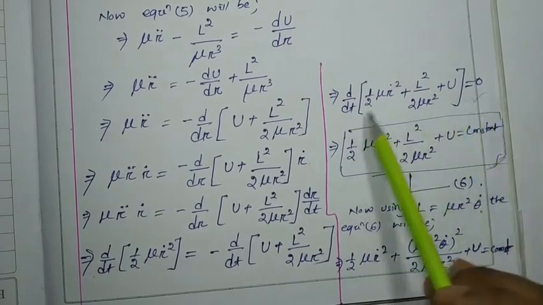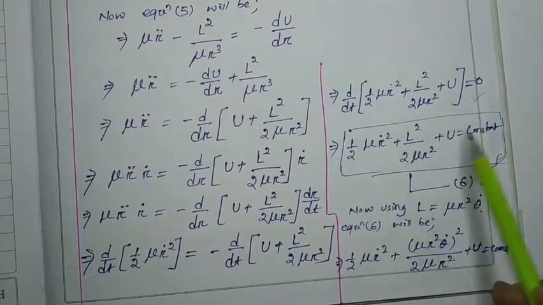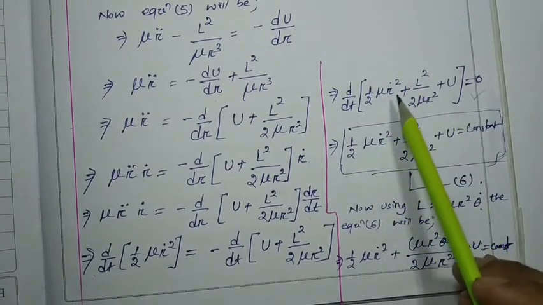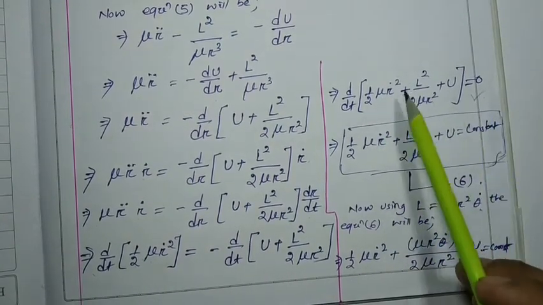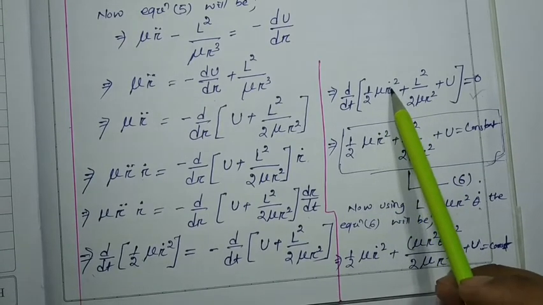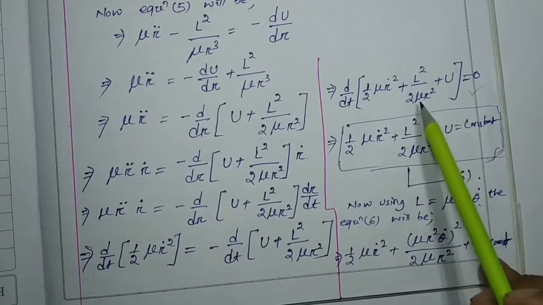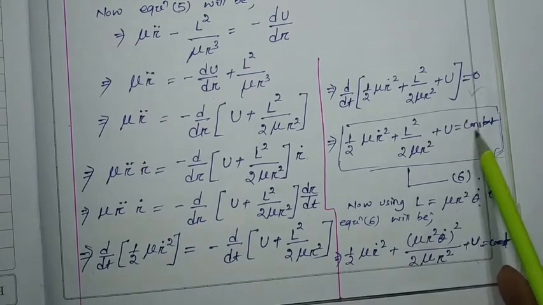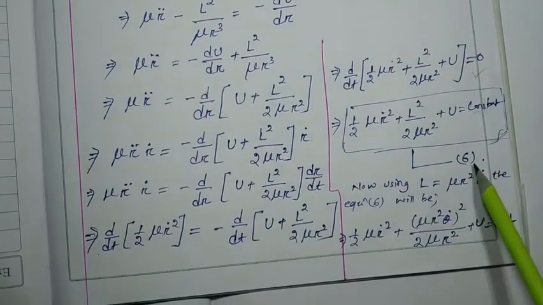If it is 0, then this has to be constant, because we know that if a derivative is 0, the quantity has to be constant. So 1/2 μṙ² + L²/2μr² + U equals constant. Let it be equation number 6.